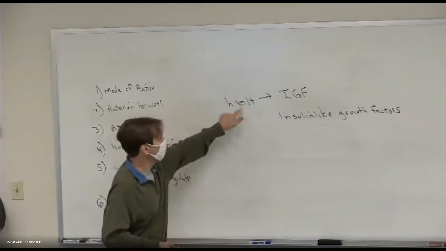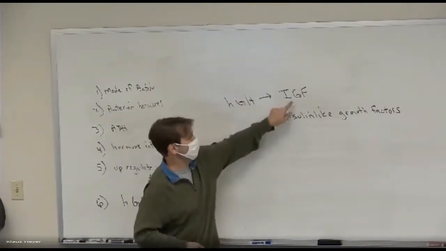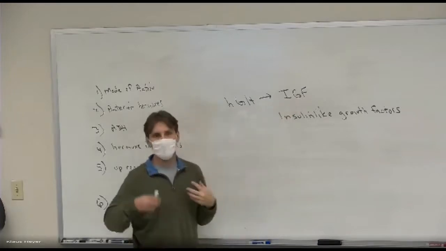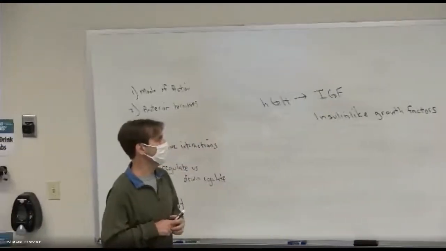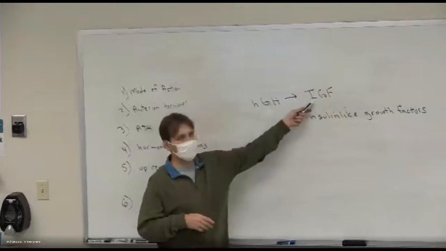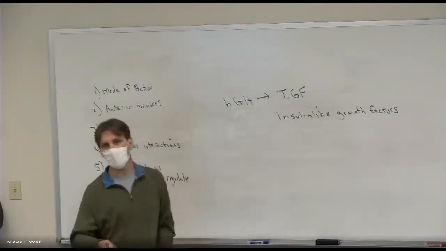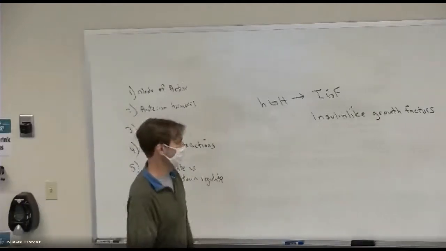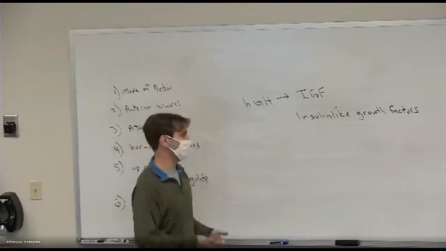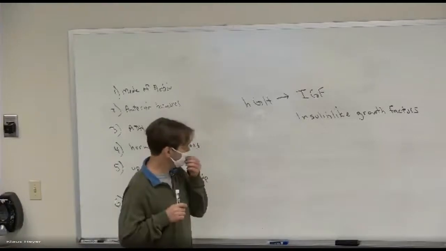So human growth hormone is related to these other hormones called insulin-like growth factors. And insulin-like growth factors are going to go to different cells like muscle and your bone, things like that. And they're going to cause a few things to happen.